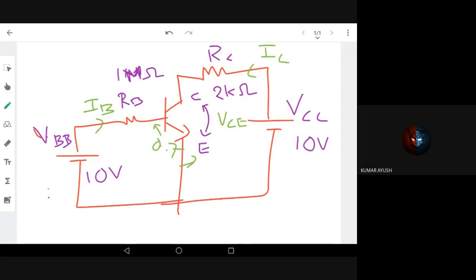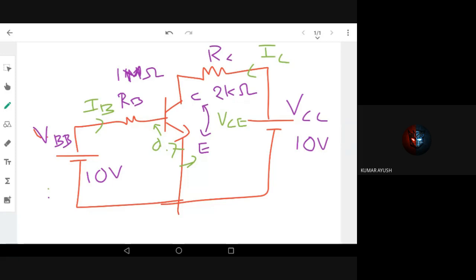The main things are IB, IC, VCE. These are the main operating quantities of a transistor. The operating region of a transistor is on the output curve, that is IC versus VCE, and that is my output. That's very important for me, because that is where the output I'm interested in lies.